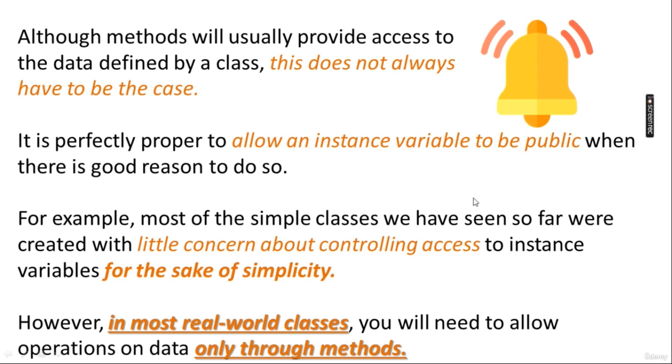But now, for vast programs or programs having confidential data, you may require the private access modifier. However, in most real-world classes, you will need to allow operations on data only through methods. Only through methods means what? Getters and setters, or any other method that can access the private data members.